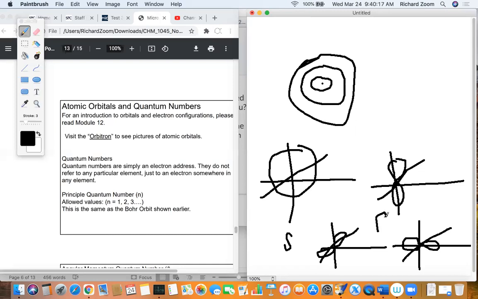Now, we talked about this in the context of electron configurations back when we were talking about module 12, if you remember. So let's say we're looking at 2p.